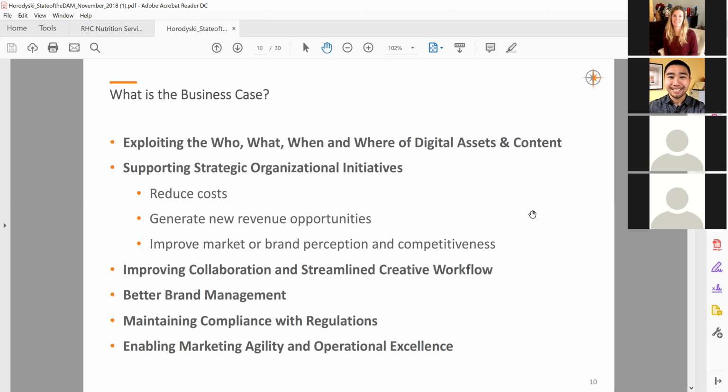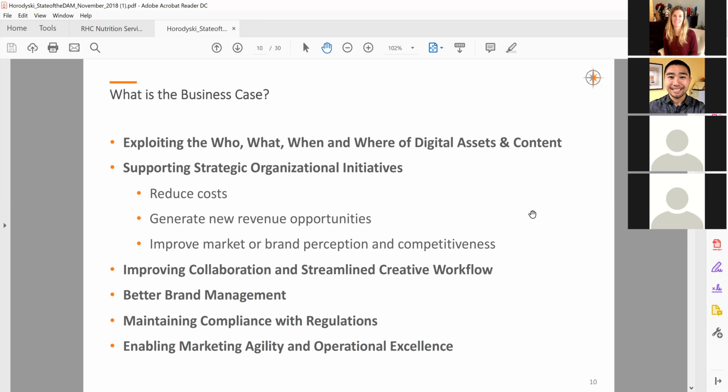So obviously, supporting any sort of strategic organizational initiatives such as the reduction of costs, the possibilities to generate new revenue opportunities, the ability to improve market or brand perception, as well as even compliance considerations.